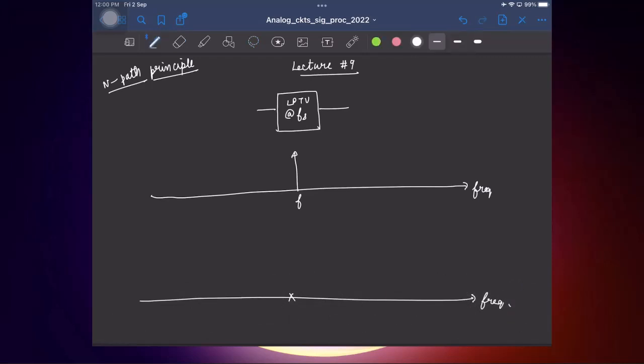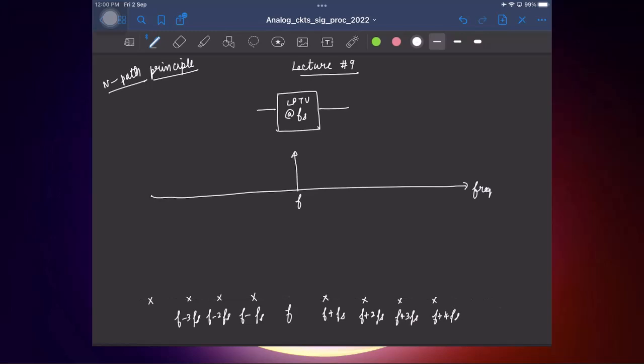So let's say this is F plus Fs, F plus 2Fs, F plus 3Fs, F plus 4Fs. Similarly, on the other side, you will have tones at these frequencies.